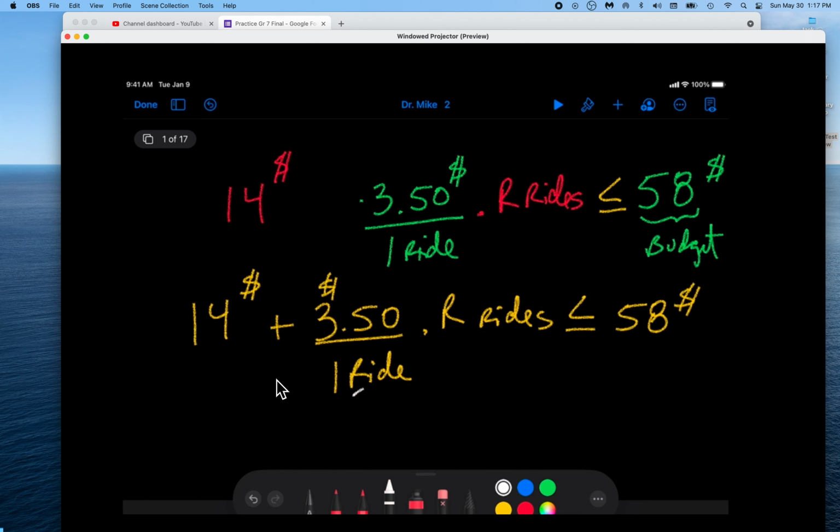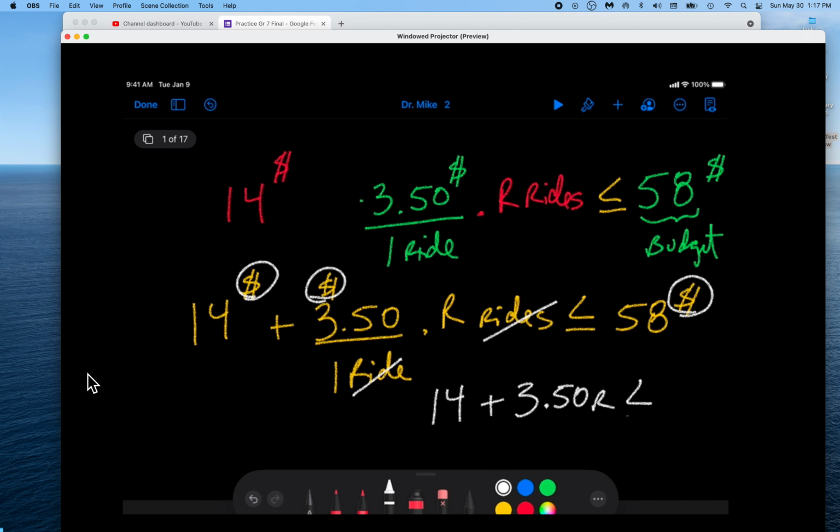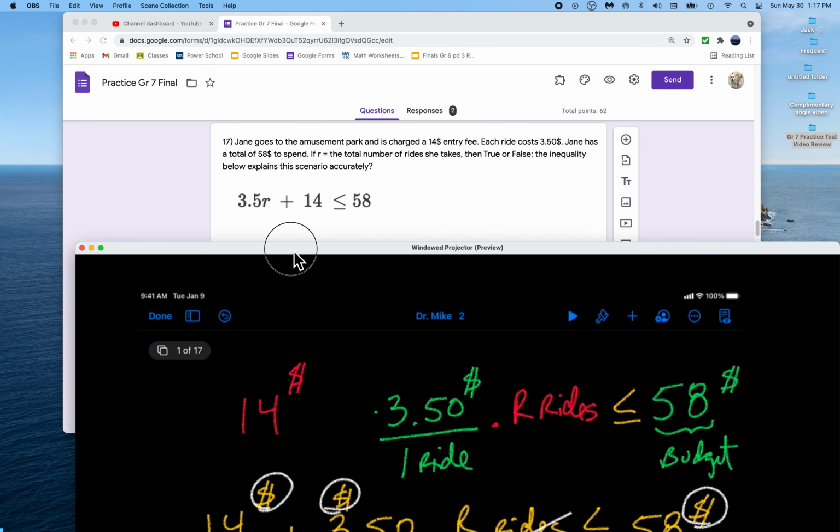Rides cancels out. Dollars survive the cancellation simplification process, and that's what we want because we want our answer in dollars. So this becomes 14 plus 3.50 R is less than or equal to 58. That's exactly what is given. So the answer to that is going to be true.